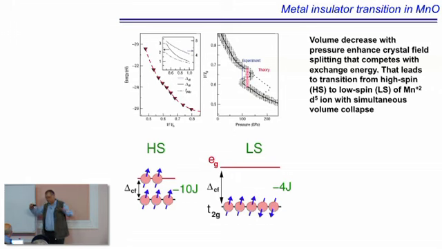And with pressure, the distance between atoms decreases, hopping increases, and crystal field splitting increases. So while for ambient pressure we have a high spin insulator, for high pressure we will have a non-magnetic metal. And that's what is experimentally observed and what was successfully reproduced in DMFT calculations.